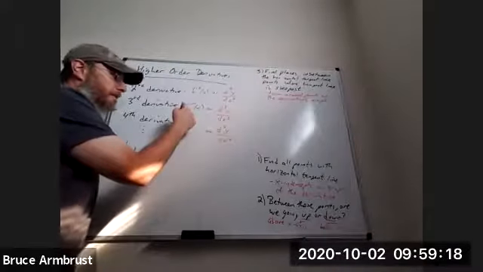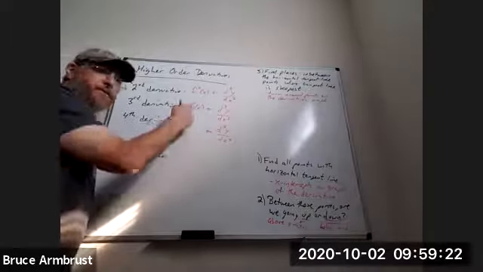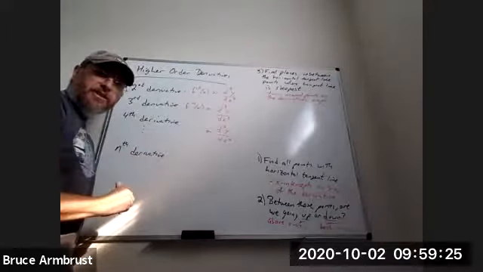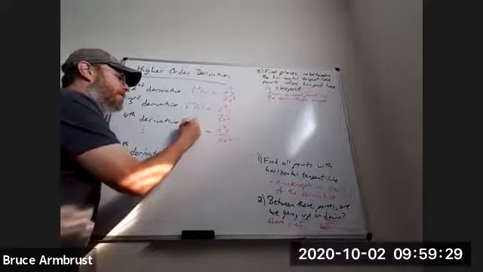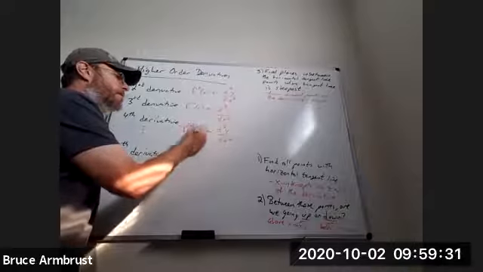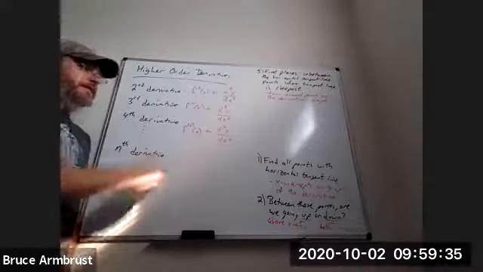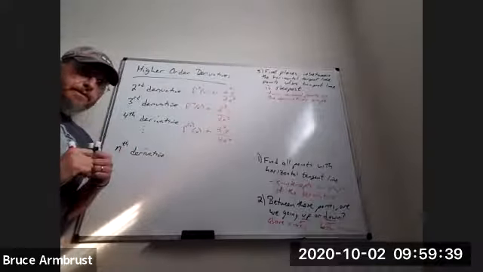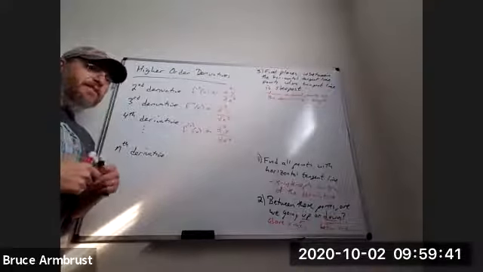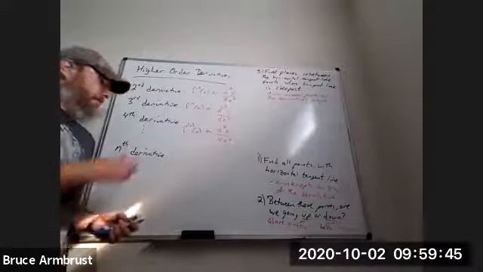But it's a little bit different with the primes because it gets to the point where we're going to have too many of those little tick marks and it's going to be hard to tell what they are. Once you get past the third derivative, we actually put the number in there as an exponent, but we put it in parentheses. That's what tells us it's a derivative and not a power. Okay, so this is the fourth derivative.